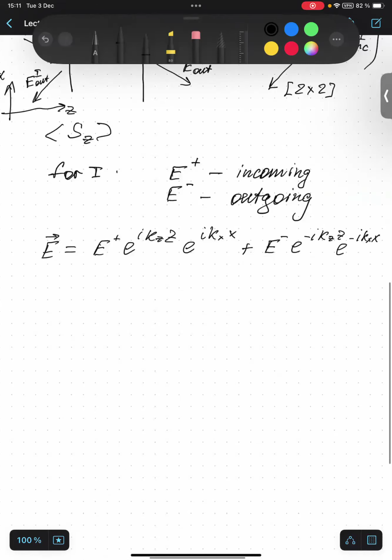Well, as you remember, to find the Poynting vector, we also need to know the magnetic field. How can we write the magnetic field? Well, it's quite simple. I think you remember it. It is c over omega mu and vector product k.